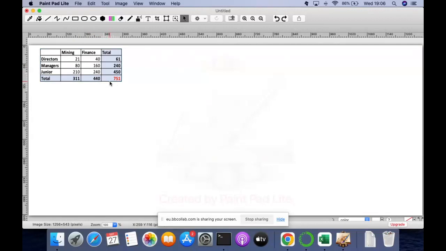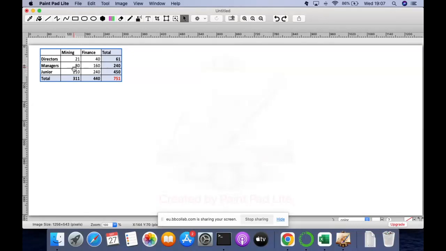And in total, that is adding up all observations, we have 751. So if you add up all the directors, all the managers, all the juniors, you'll get 751. All right. The same goes if you add up all staff in the mining and the finance sector, you get the same 751. Now the 311, that's how many staff you have in the mining sector.